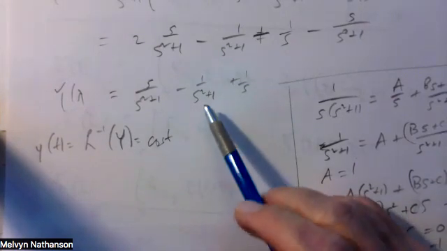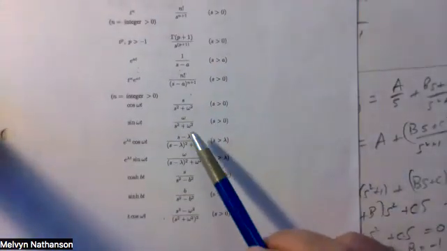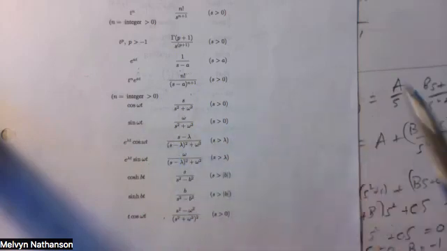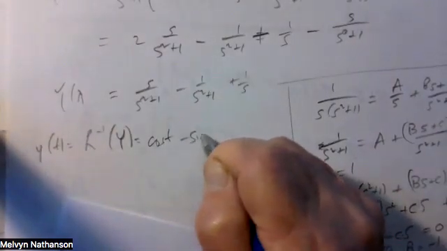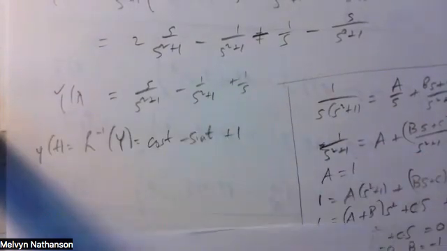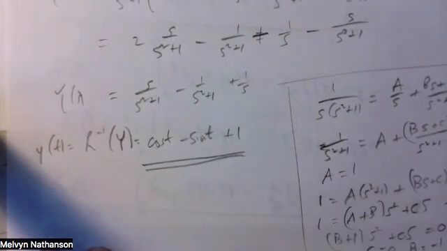What's the inverse Laplace transform of 1 over s squared plus 1? If you let omega equal 1, 1 over s squared plus 1 is sine t, so minus sine t. The inverse Laplace transform of 1 over s is 1. So that's the solution of our differential equation using the Laplace transform.